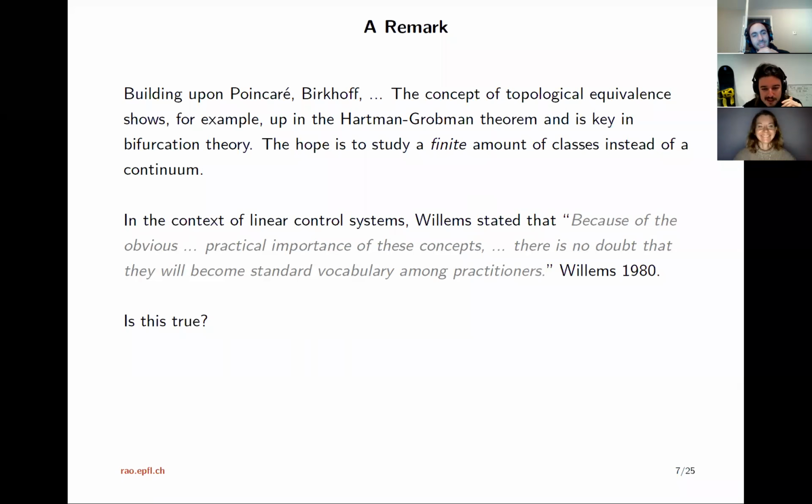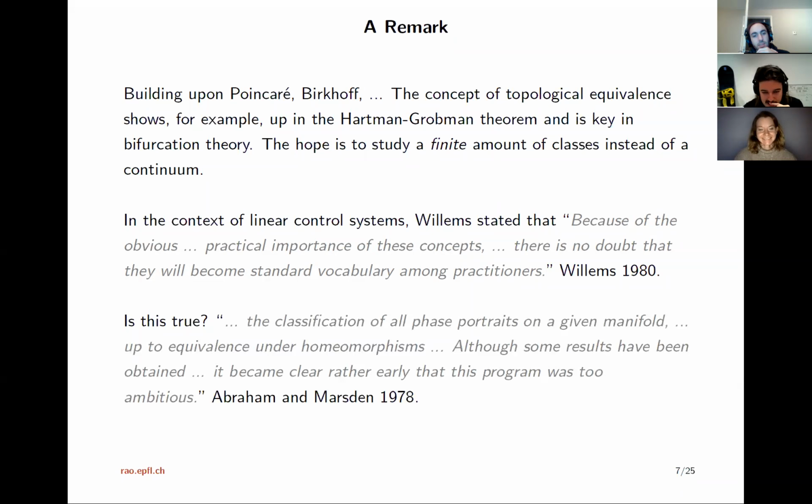So this might relate to the comment made at a similar time by, I would say again, quite legends in the field, and they stated that the original work, although very beautiful, focused on global classifications of systems, and again, in the case of nonlinear systems, this is just rather hard.